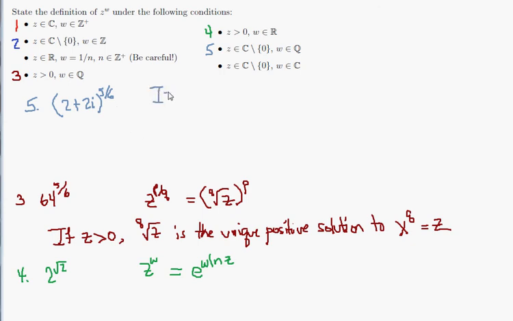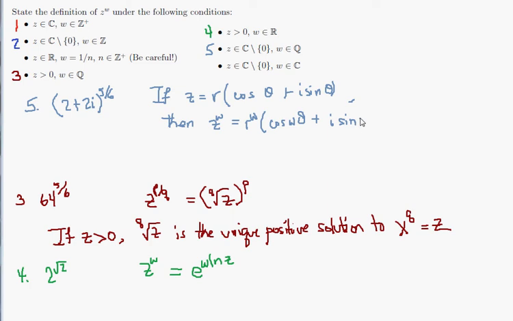If we write z is equal to r times cosine theta plus i sine theta, then z to the w is equal to r to the w times cosine w theta plus i sine w theta.